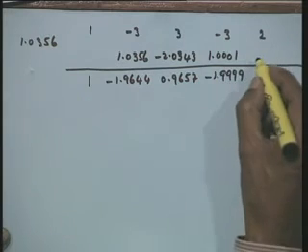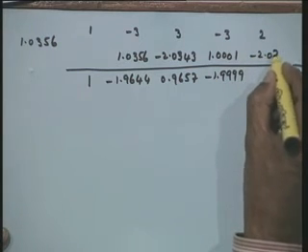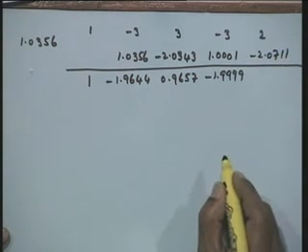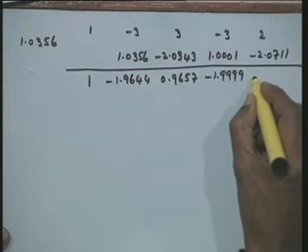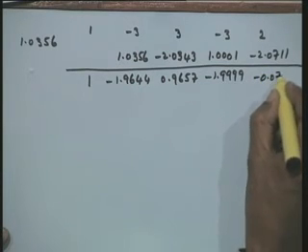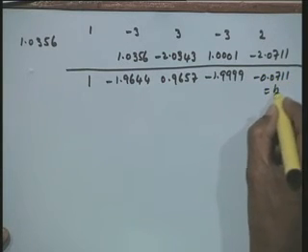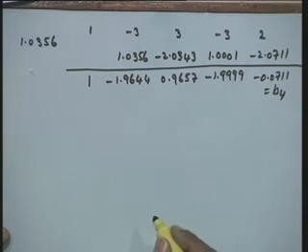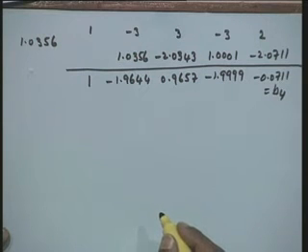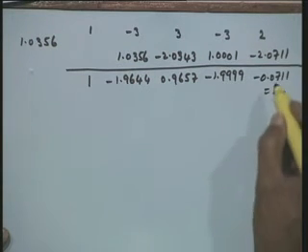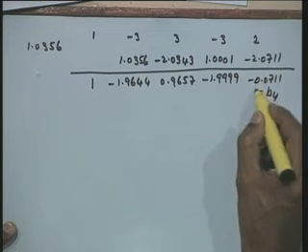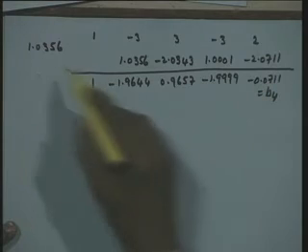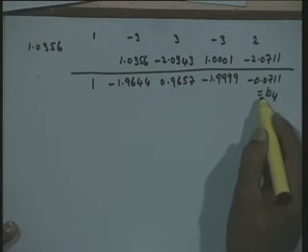I multiply these two and put it here minus 0.711 and this is minus 0.711, that is equal to your B4. Indeed, this B4 is an indicator for us whether the solution is good enough or not.